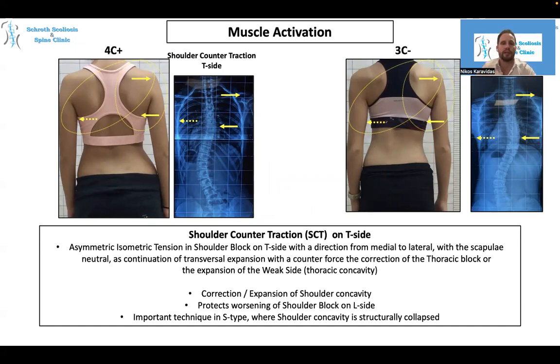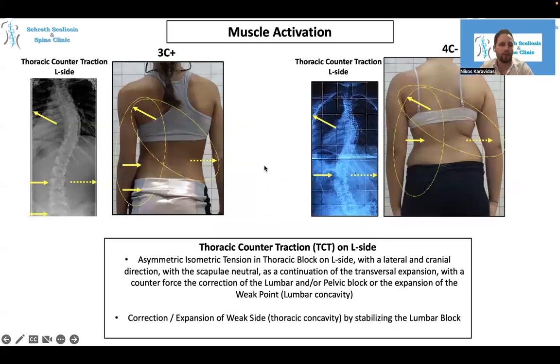So here you can see a pair of forces for the shoulder countertraction on T side for 4C plus and 3C minus types. And you can see also the forces, how they are applied on the patient's body and on the X-ray of the patients. And you can see the thoracic countertraction and how this technique is applied in a 3C plus or in a 4C minus type thoracic countertraction on the L side.